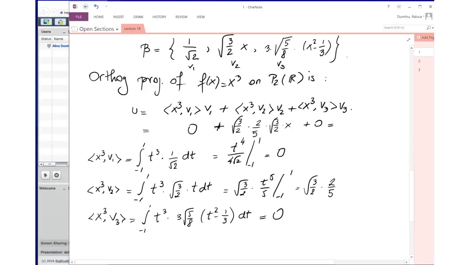All right, so in the end, we get 3/2 times 2/5, so 3/5 x as the orthogonal projection of x cubed. So quite computational, but nothing very complicated, I would say.